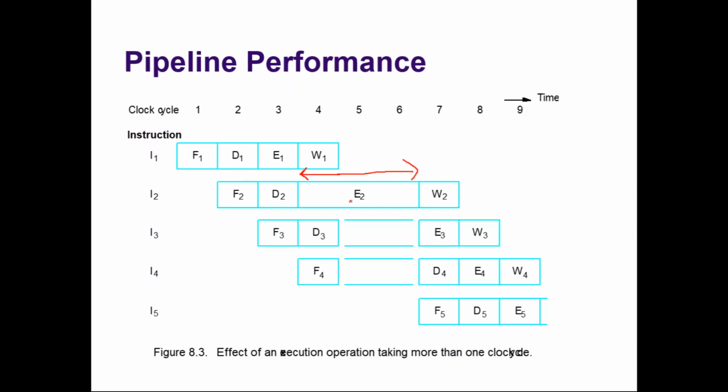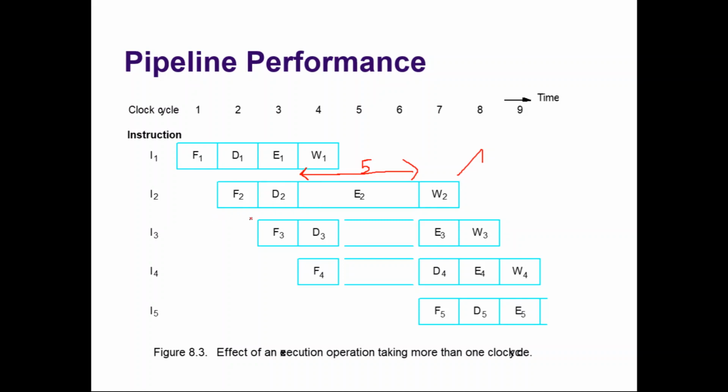By the 5th clock cycle its write will be postponed to the 6th clock cycle. Again at the 6th clock cycle execution is not completed, so the write will be postponed to the 7th clock cycle. So write is completed at the 7th clock cycle. So instruction 2 is now completed at the 7th clock cycle, when actually it is supposed to complete at the 5th clock cycle. Are you getting it?